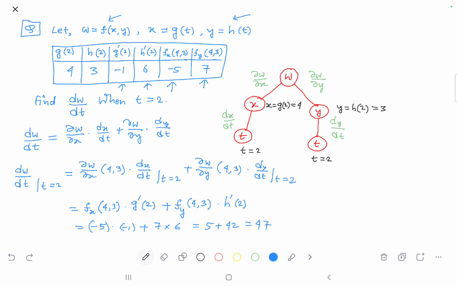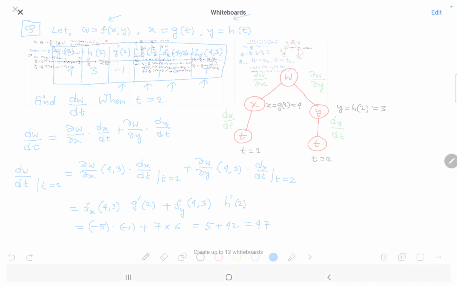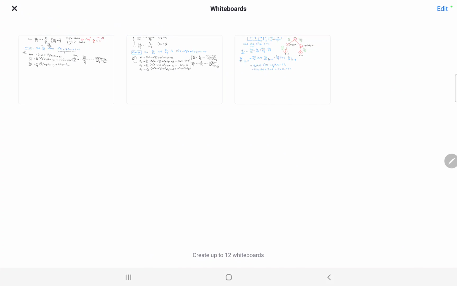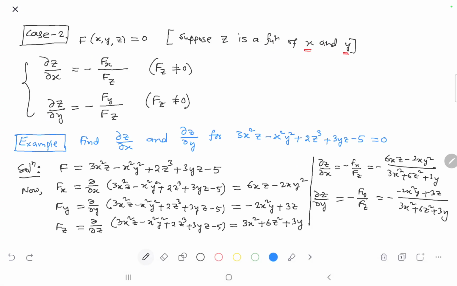Right. So two things we have done in 8.5: chain rule and implicit differentiation. For when y is a function of x, you have this formula. If g is a function of x and y, then the change of g with respect to x partially and the change of g with respect to y partially is given by this formula.